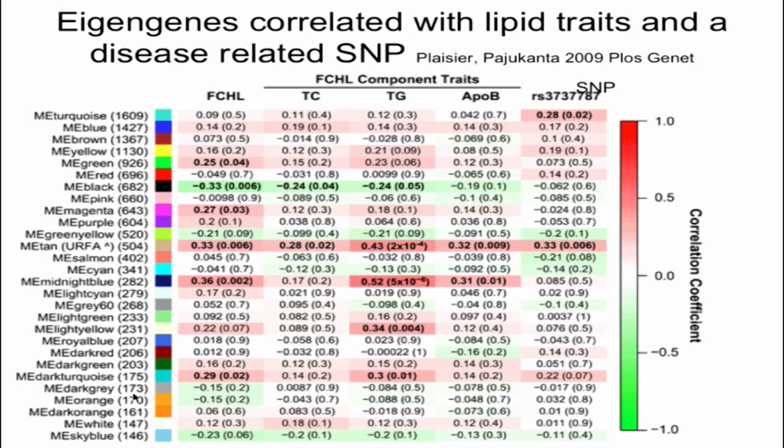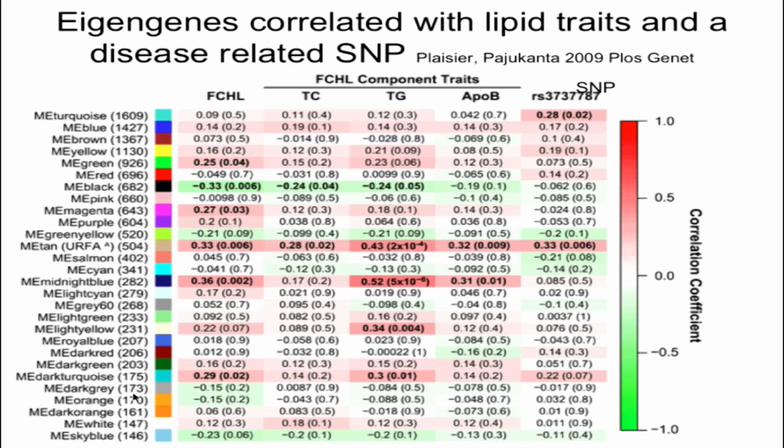For example, the turquoise module eigengene corresponds to a module that contains 1,600 genes. These numbers indicate the number of genes. The columns correspond to different clinical traits: familial combined hyperlipidemia status, total cholesterol, triglyceride levels, ApoB levels, and one particular SNP that they were interested in. The entries of the table report correlations and, in brackets, a p-value.